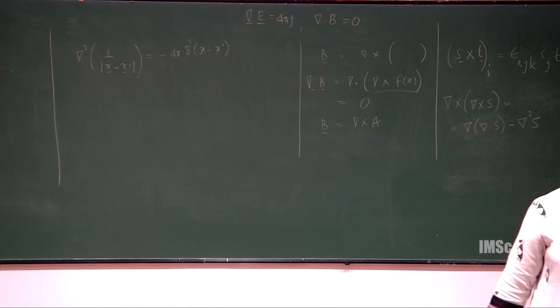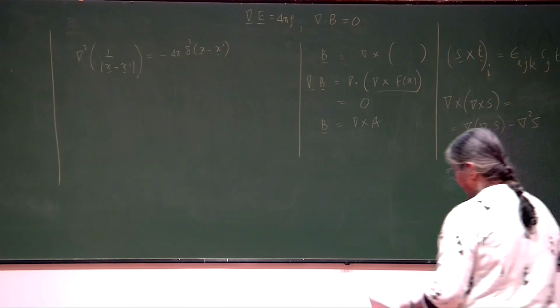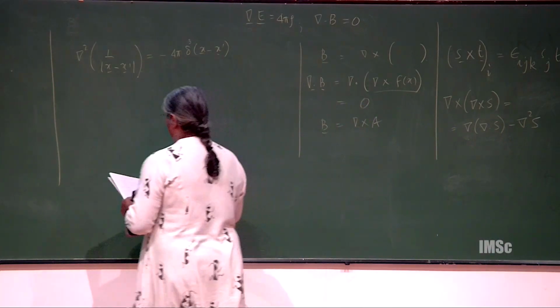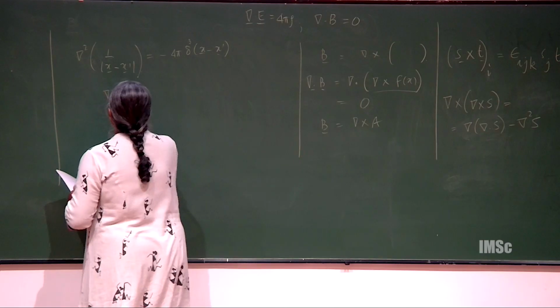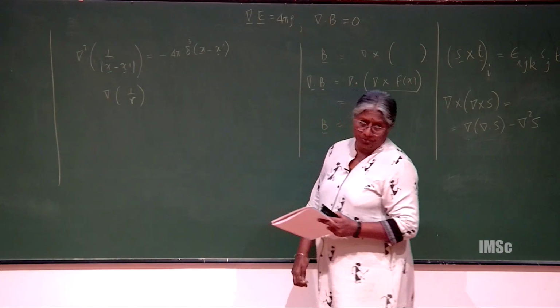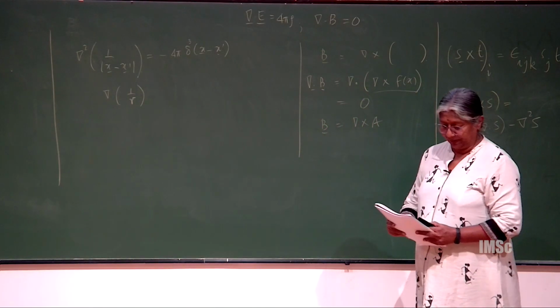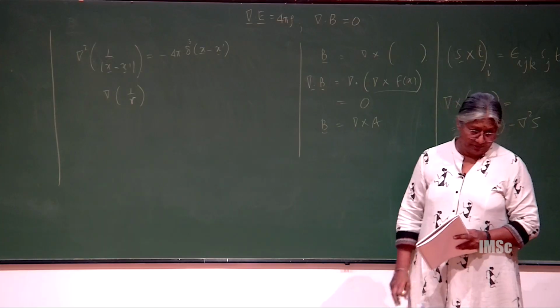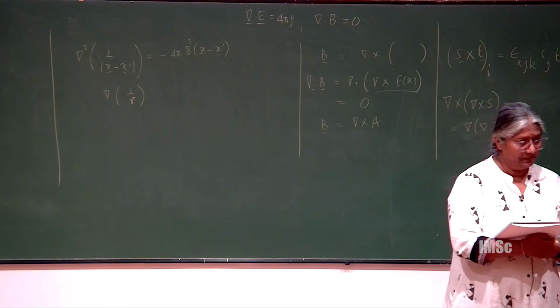So the way to see it is like this. Let us start with r, the magnitude of x, right? What is the divergence of 1 by r?